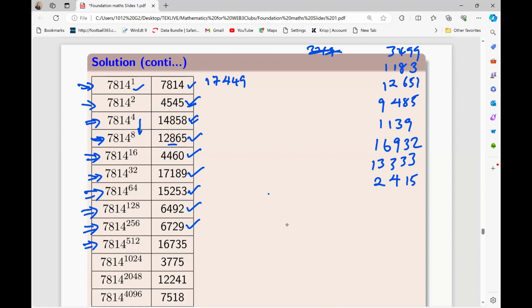Goes there 2594 times. What is the remainder? The remainder is 16,735, which we square to get the next line.